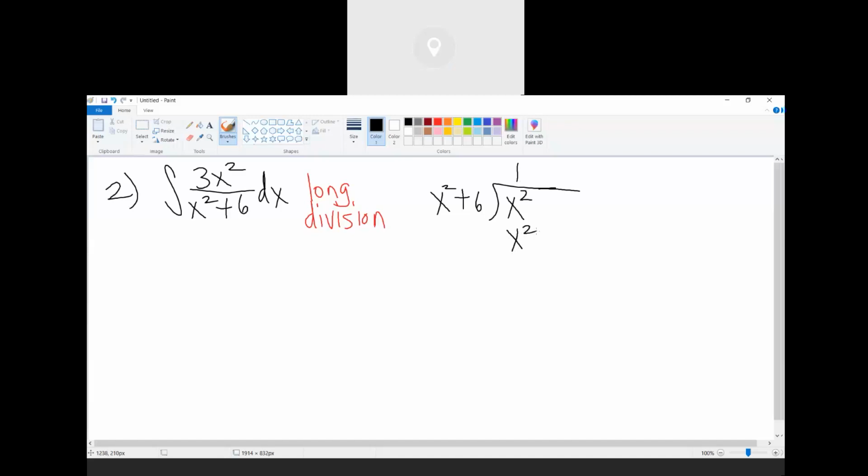And y'all know with long division, you take this part of our answer, the 1, and multiply it by your original divisor. So 1 times x squared is x squared, and 1 times 6 is 6.